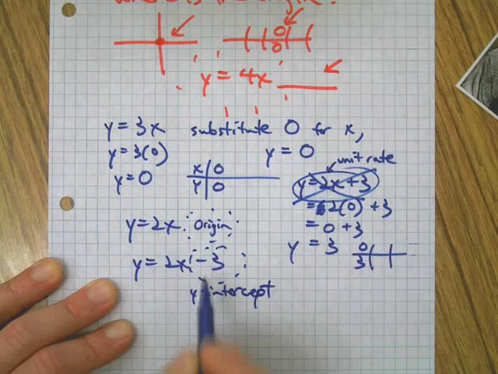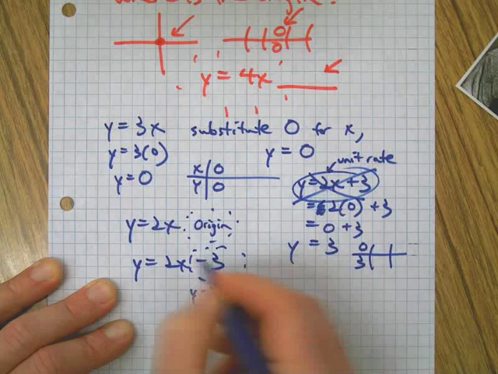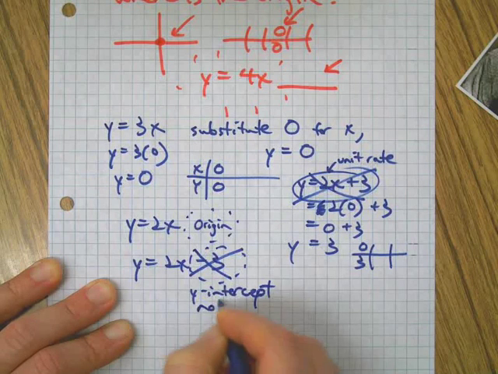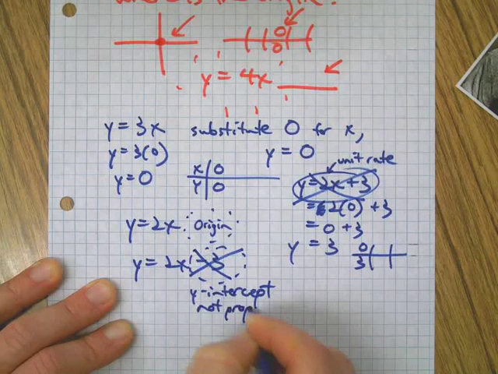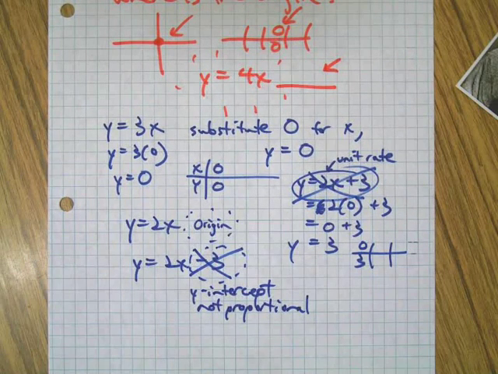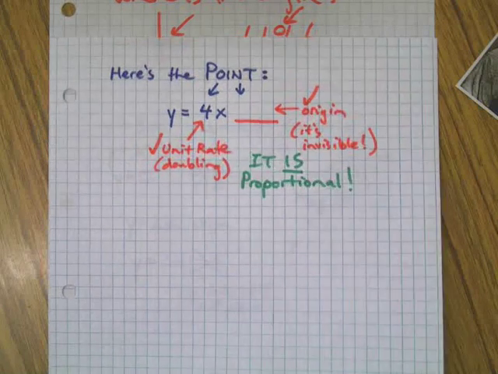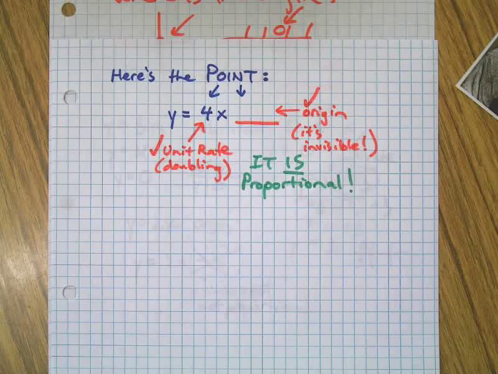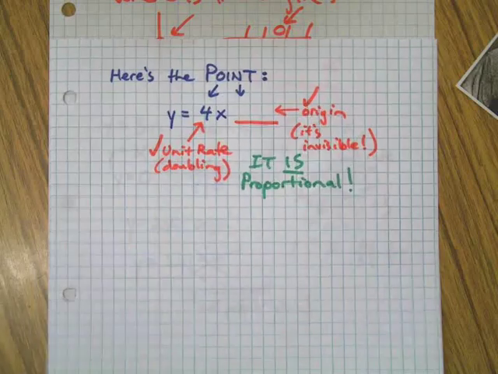We can get to that later in y equals mx plus b. But if there's something there, then it's not proportional. Okay? The whole point of this video, once again, is we're just seeing if we can look at an equation and tell if it's proportional. So there's the point. You got a unit rate, and you've got nothing else. Then, yes, it is proportional.